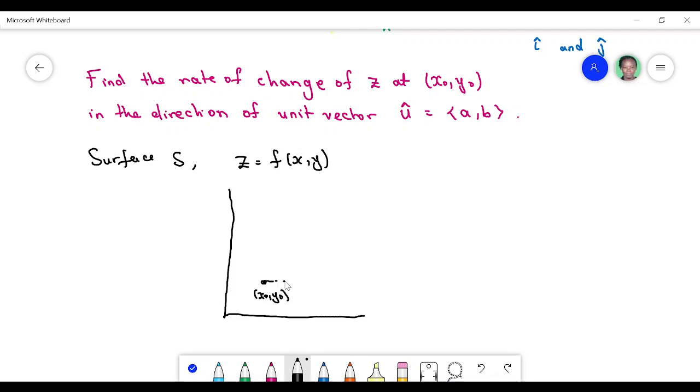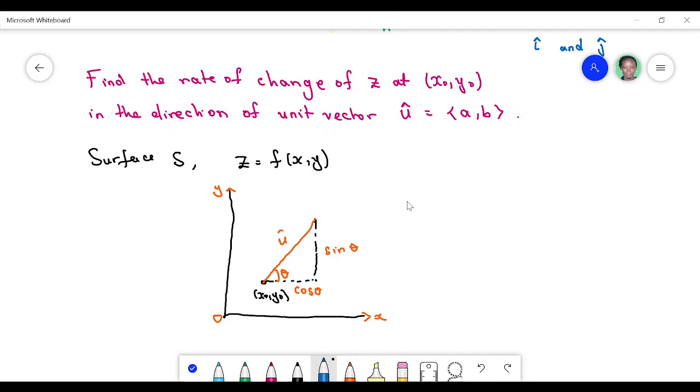It moves in the x direction and in the y direction as well. And this is a vector u. You have this angle to be theta. So in the x direction you have cos theta, in the y direction sine theta. This is x, this is our y, and this is our origin.